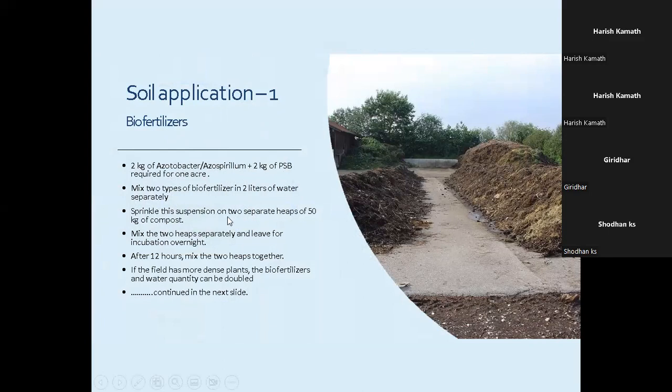Then this suspension has to be spread on some compost. If compost is not available, you can take some fertile soil. Take 50 to 100 kg of compost, and just sprinkle this suspension on the compost.